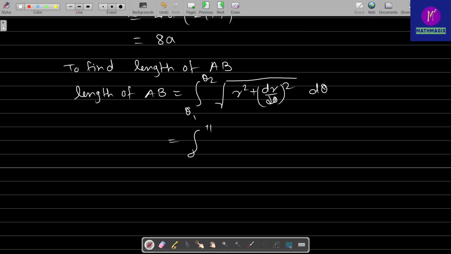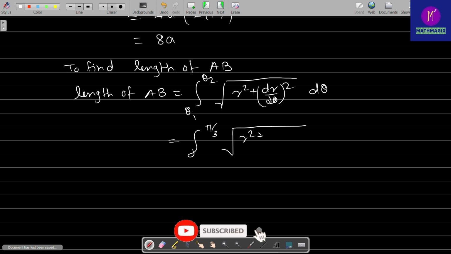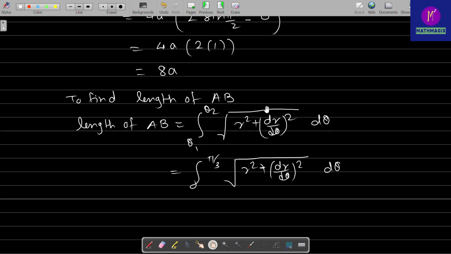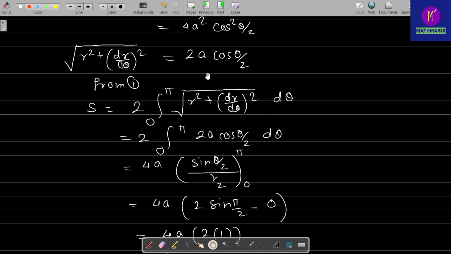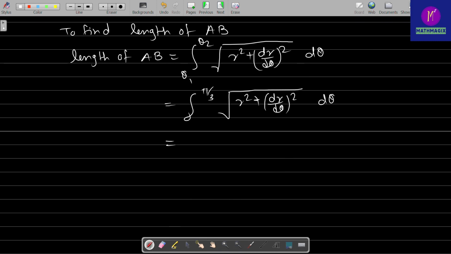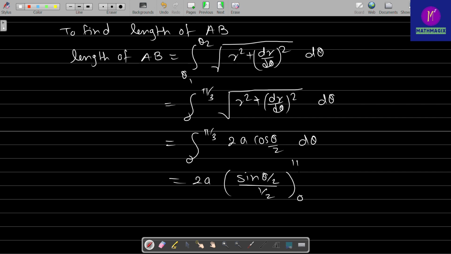So 0 to pi by 3 square root of r square plus (dr by d theta) the whole square d theta. We know the value of the square root of r square plus (dr by d theta) the whole square, which we are going to directly substitute over here, which is 2a cos theta by 2. So this is equal to integration 0 to pi by 3 2a cos theta by 2 d theta. Then 2a is constant, integration of cos theta by 2 is sine theta by 2 upon 1 by 2 with the limits 0 to pi by 3.